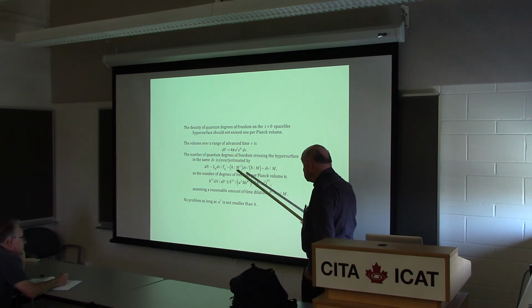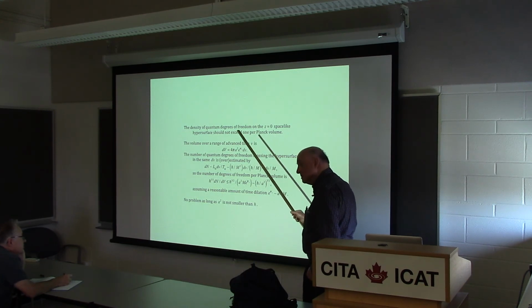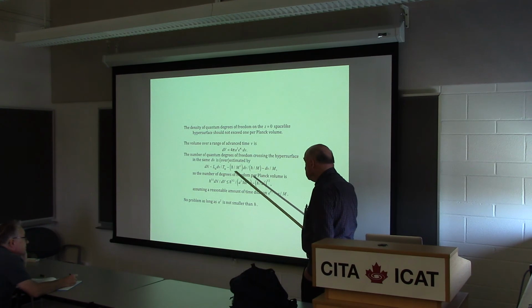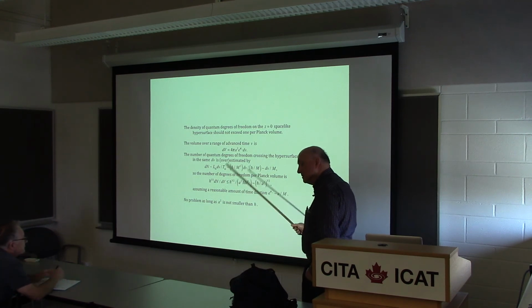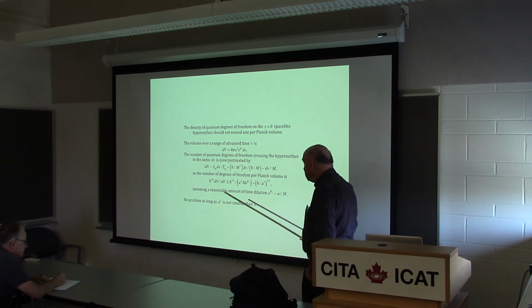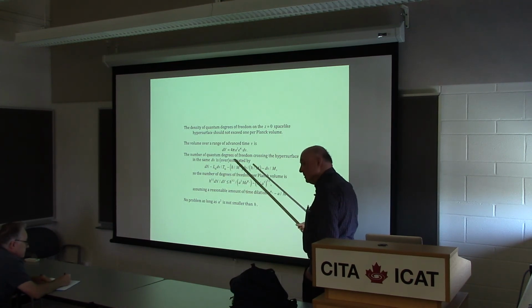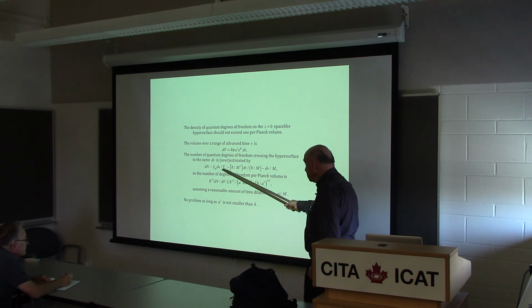You can estimate how many quantum degrees of freedom are crossing that spatial region in terms of the Hawking luminosity and the Hawking temperature, by counting the number of Hawking particles going off to infinity, roughly taking the ratio of L sub h to T sub h.